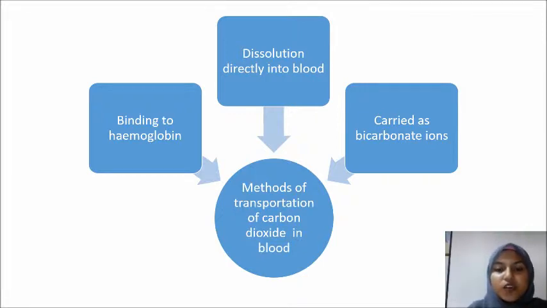This method only accounts for 10% of carbon dioxide that binds to hemoglobin, while the third method is carbon dioxide carried as a bicarbonate ion, or acting as a bicarbonate buffer system, where 85% of carbon dioxide diffuses into the red blood cell.